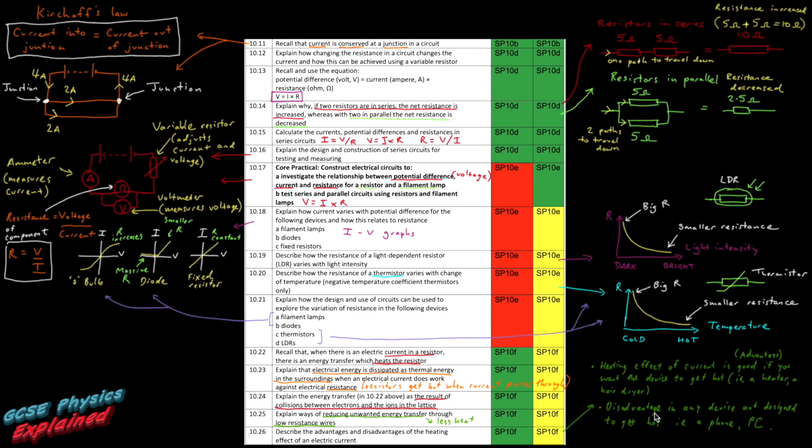Obviously, it's a disadvantage in any device not designed to get hot. So if you've got current making your device get hot and it's not supposed to get hot, such as in a phone or a PC, that basically means you could damage your components. You could damage your phone, you can damage your PC. Well, that's a big disadvantage of the heating effect of an electric current.